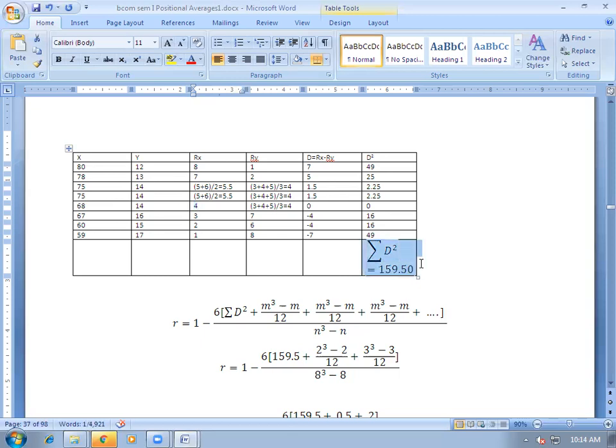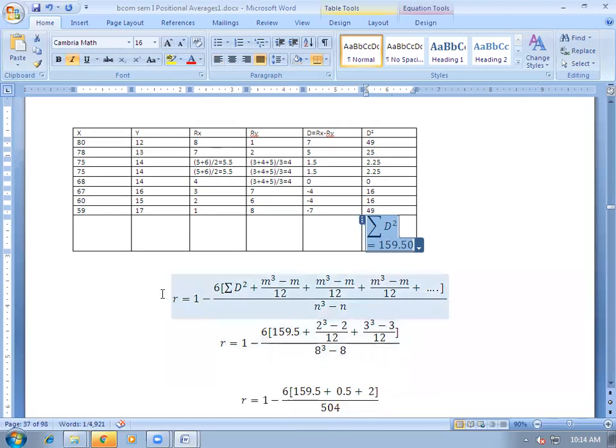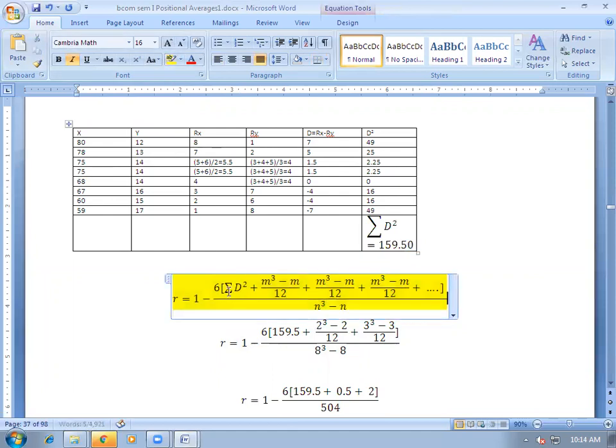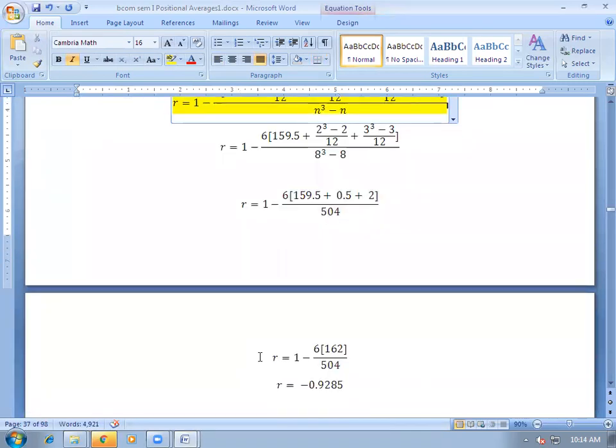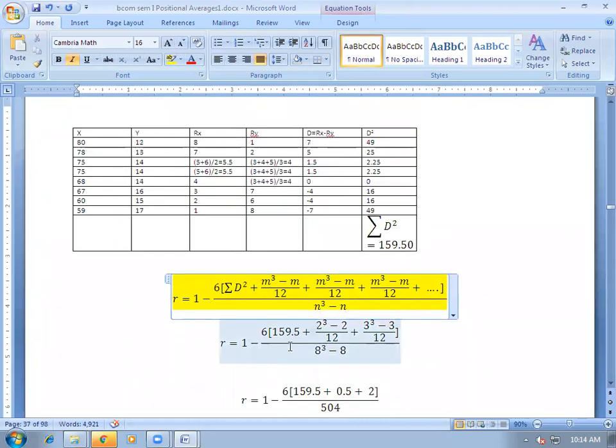Then I will sum the total, sigma D square. It will be 159.50. Then I will substitute the values in this formula, and I will get R as minus 0.9285.